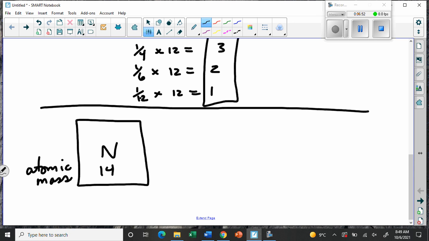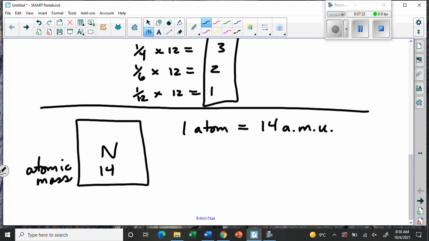One tiny atom of nitrogen is 14, and what we use is atomic mass units, which are very, very tiny little measurements, because we're talking about one tiny atom. So 14 atomic mass units, it's kind of like if you were measuring how long something is in micrometers, or really tiny little pieces.